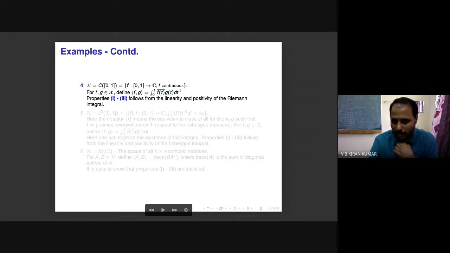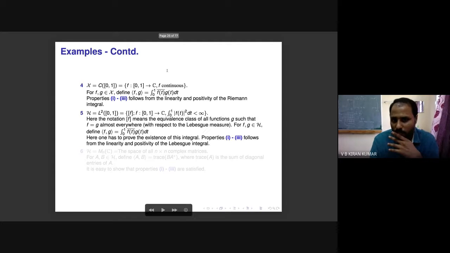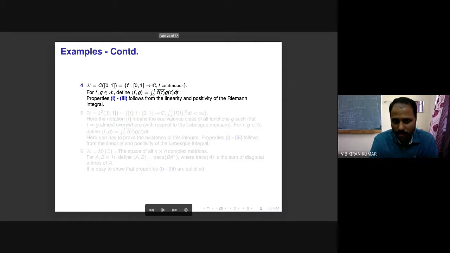So we are just imitating whatever we did in the finite sum or countable setting. There we were summing up Zj bar Wj. Here the sum is replaced by an integral. That's the only difference. So we have the integral from 0 to 1 of f of t bar times g of t. And again, the properties are easily verified because of the linearity of the integral and so on.